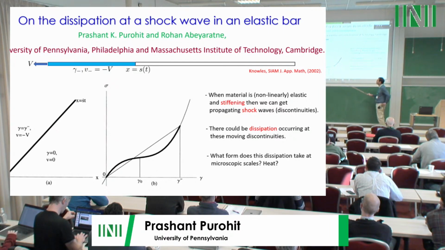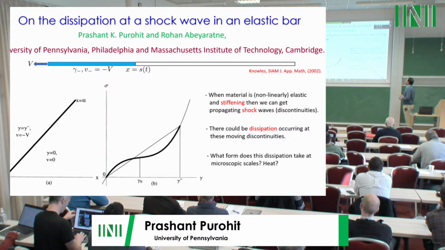Okay, so that's the dissipation. And in terms of the graph of the stress-strain curve, it is the difference between these two areas multiplied by the speed of the discontinuity. That's the dissipation rate, okay, even though this is an elastic material.